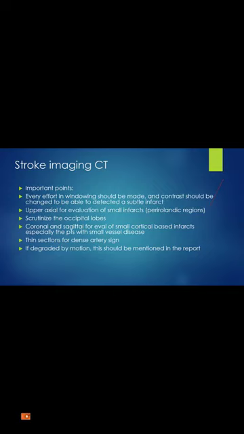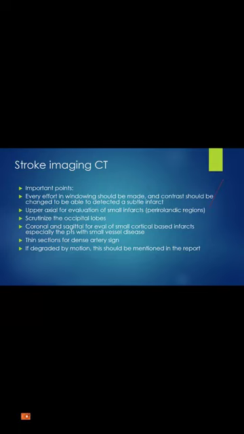Easy to miss portions in the brain for stroke: the upper axial slices in evaluation for small infarcts, perirolandic regions. Scrutinize the occipital lobes because there is a tendency to ignore subtle differences when there is a subtle infarction, because of the density of the bone in this area.